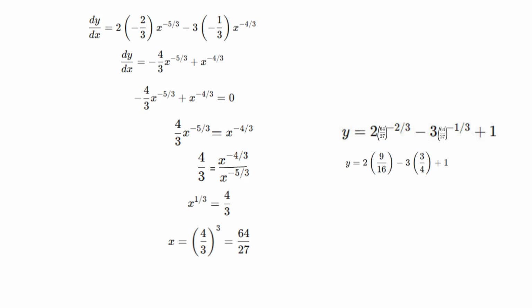Simplifying this, we get 2 times 9 over 16 minus 3 times 3 over 4 plus 1, which is equal to 9 over 8 minus 9 over 4 plus 1, which is equal to 1 over 8. So the coordinate of M is 64 over 27, comma, negative 1 over 8.